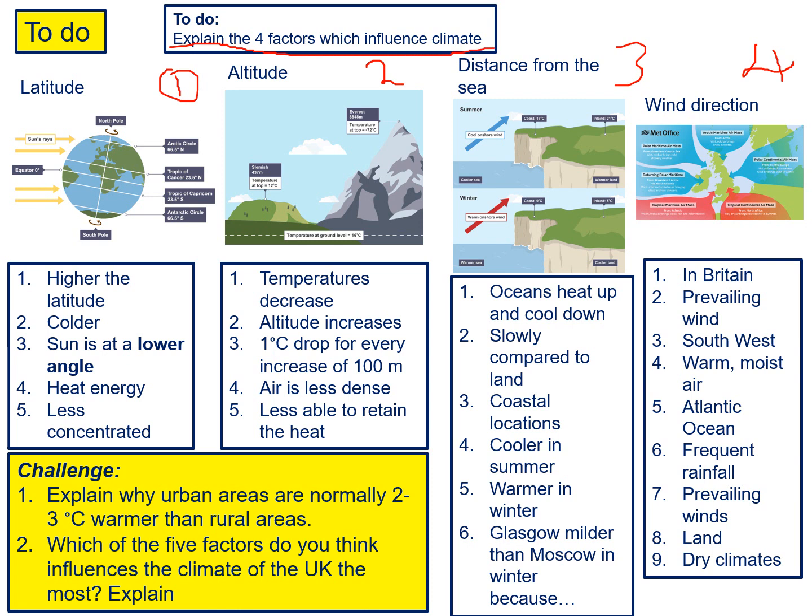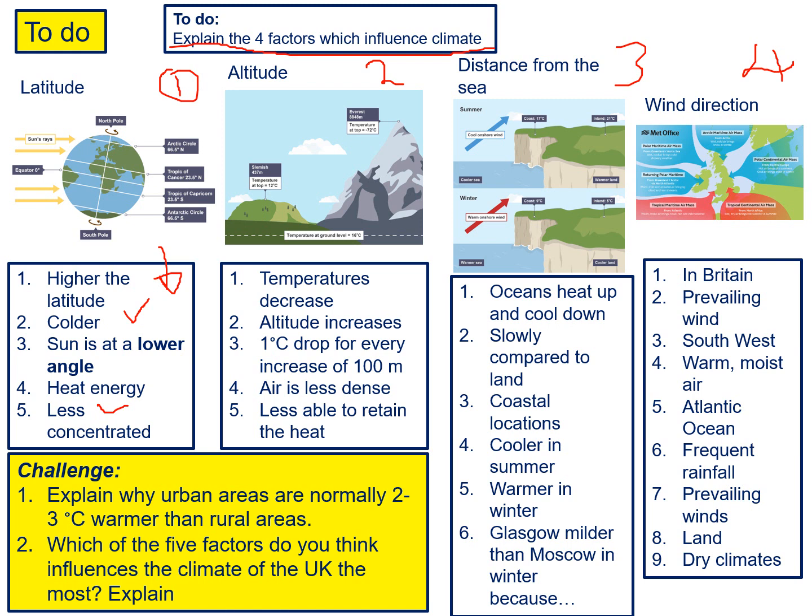So if you see in the boxes here, you've got points that you need to write about for each factor. You need to write, for example, for latitude, about the higher the latitude, the colder the weather, etc. And you need to also write about how heat energy is less concentrated at higher latitudes, etc.